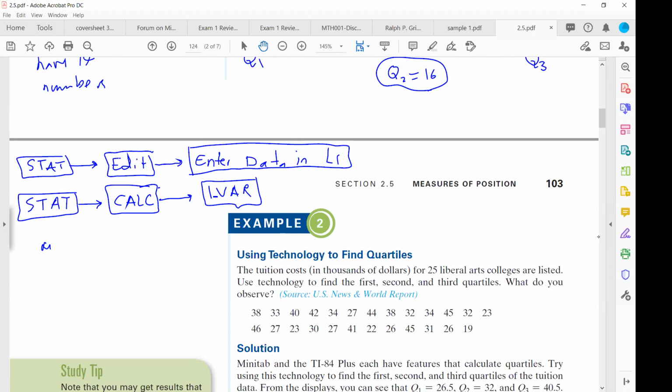It gives you your standard deviation, either for the sample, S of X, or sigma X, which is for population. Then if you go further down, you see Q sub 1, the first quartile, the median, which is Q sub 2, and third quartile. It also gives you the minimum, the maximum, and so on.